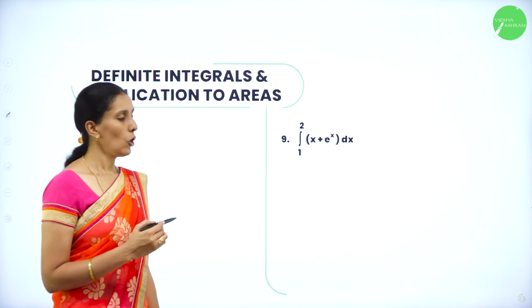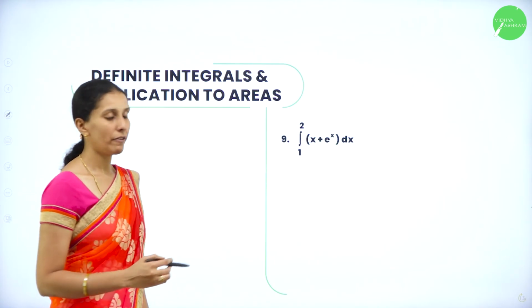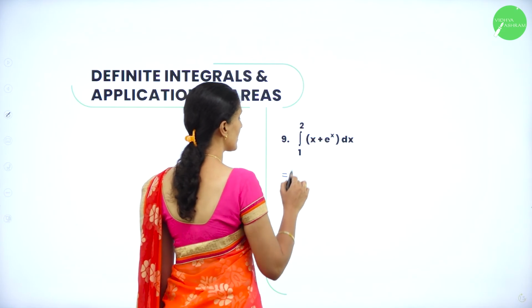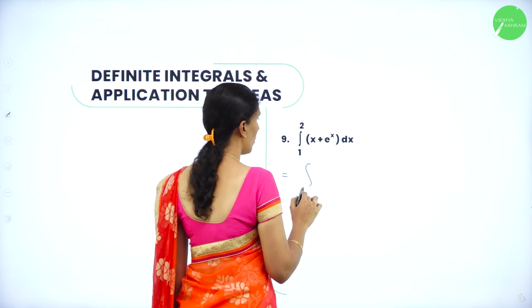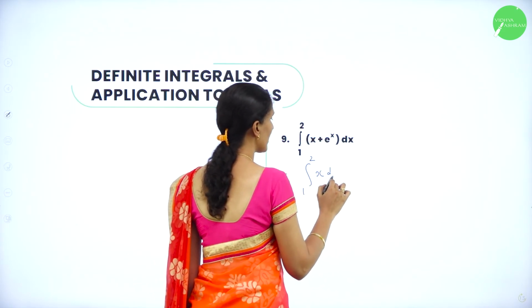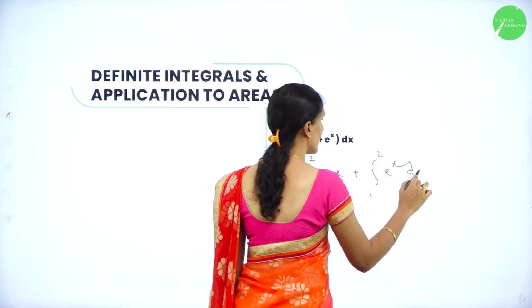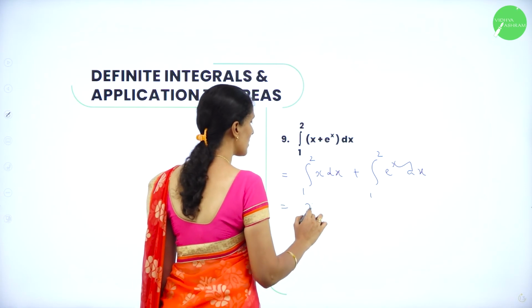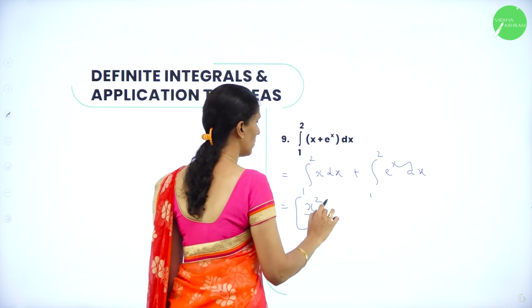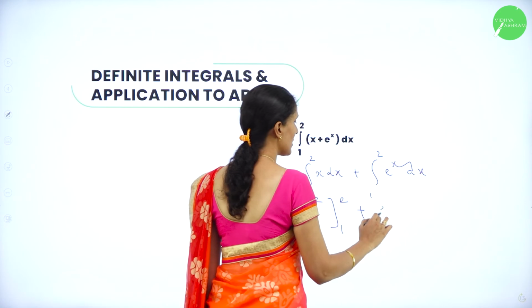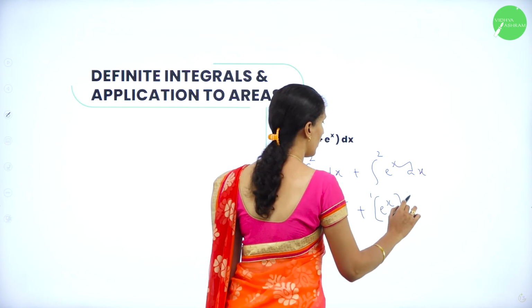We have the integral from 1 to 2 of x plus e power x dx. So let's take this as the integral from 1 to 2 of x dx plus the integral from 1 to 2 of e power x dx. So the integral of x is x square by 2 from 1 to 2, plus e power x from 1 to 2.